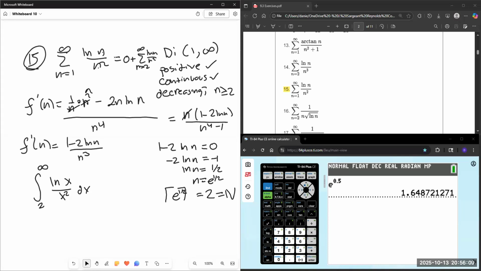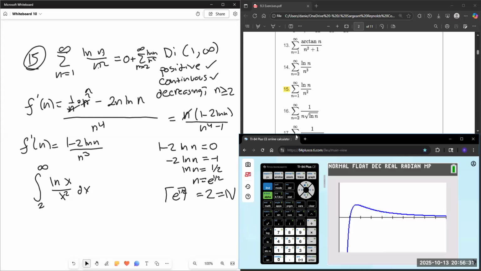And so just because of the way that the definition requires positive, continuous, and decreasing on an interval here, I need to make sure that that interval ensures positive, continuous, and decreasing, and the interval from 1 to infinity does not assure that, because if we look at the graph here from 1 to the square root of e, I'm actually increasing.